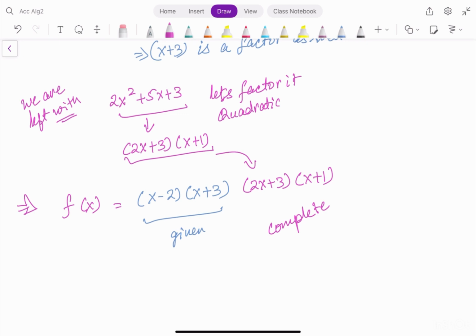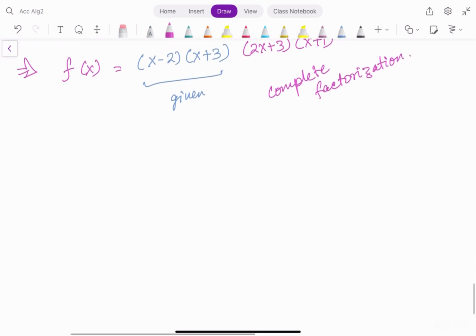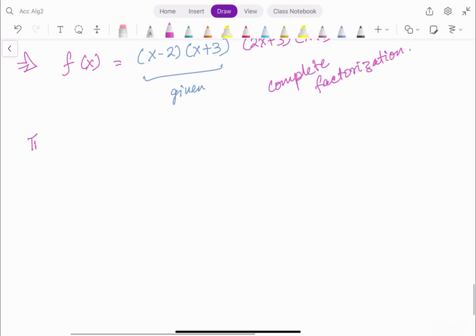You need to factor it. This is called complete factorization. So that is the whole process. Remember the remainder theorem and the factor theorem. After this, it is time for you to try a few questions out.